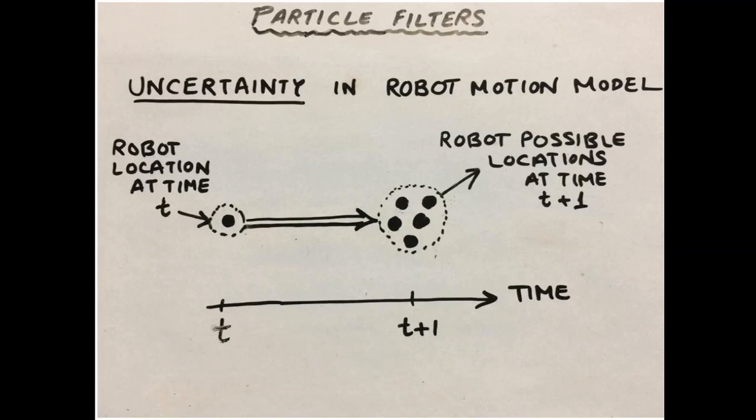Because we are not sure if our robot motion model is perfect, there is some element of uncertainty. So we are going to assign multiple locations at time t+1. We are going to say that our robot can be any one of these locations at time t+1. Here in this diagram I have used 5 close by positions, and they are representing different possibilities indicating the robot location at this time instance.